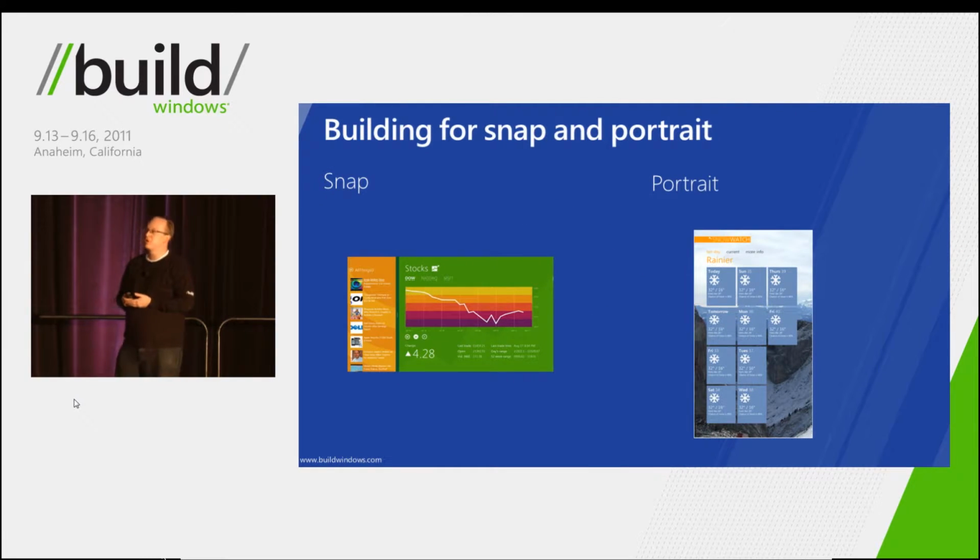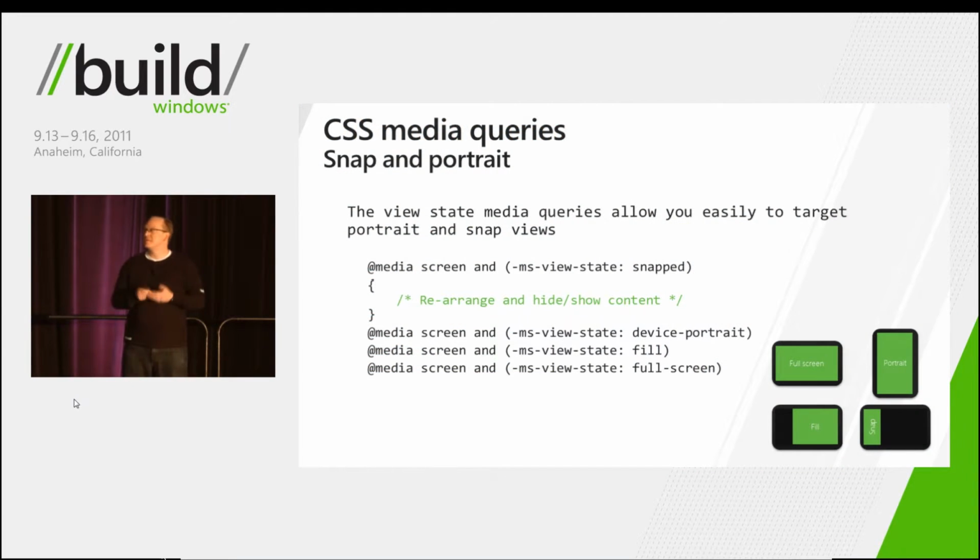So now let's talk about snapped and portrait. As I mentioned before, CSS media queries are your friend here. A CSS media query is a CSS construct which allows you, based on a certain state, to switch to a different style sheet or to a different layout.